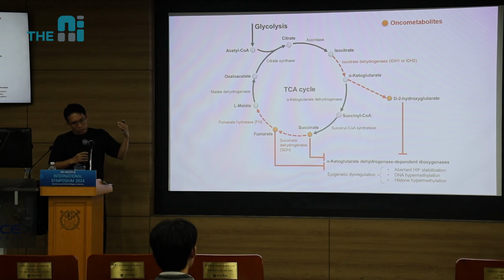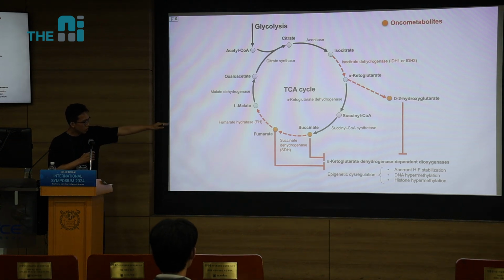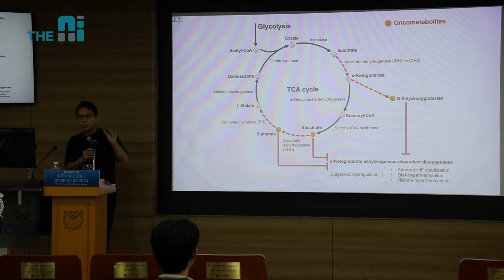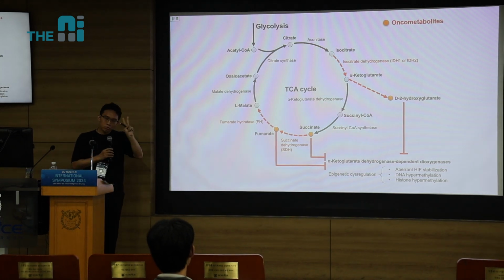It's been around 10 years since oncometabolites began being studied in the cancer community, and so far 3 oncometabolites have been established: D2-hydroxyglutarate, succinate, and fumarate. These are the only 3 well-established oncometabolites. They have 2 common features.